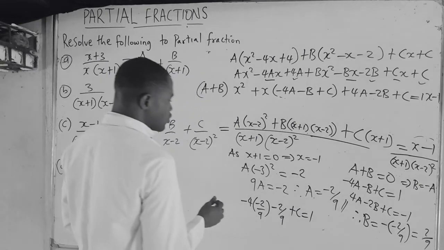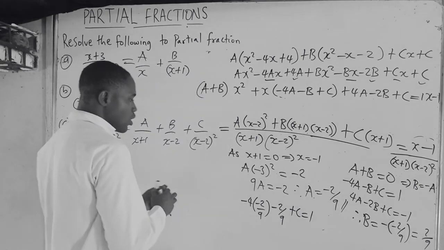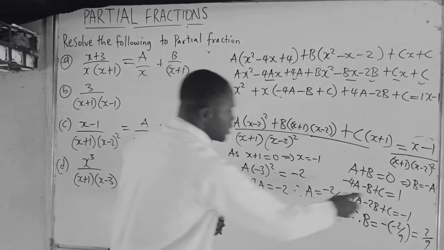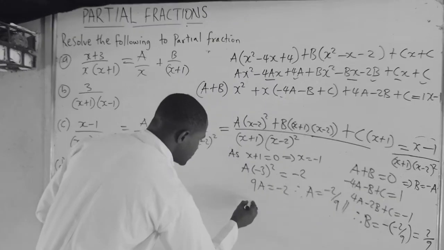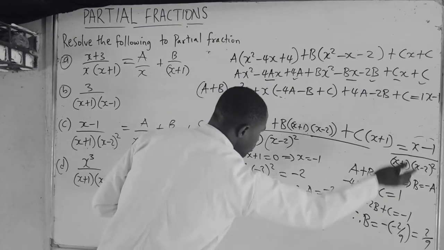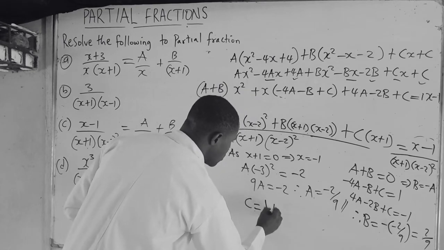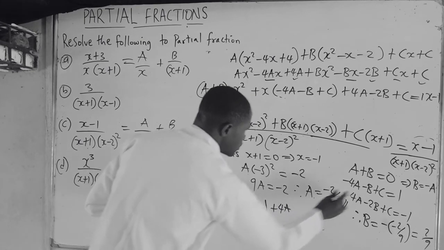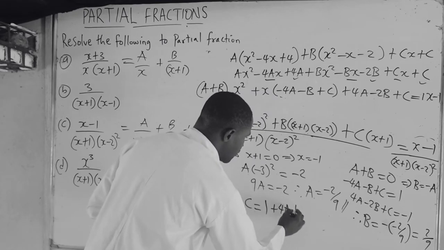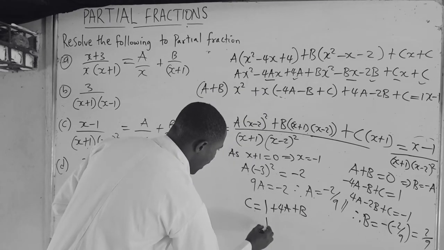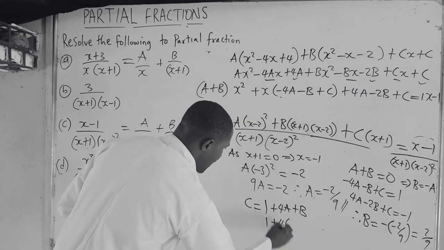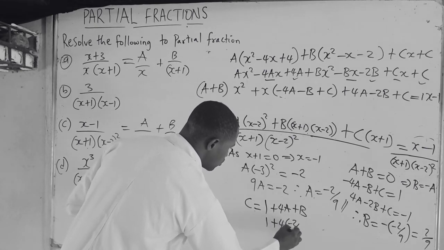Then what we now do, or let's put it in a better way, make c subject of formula. c will be equal to 4a going to the other side will be giving you plus 4a. This going to the other side will be giving you plus b. 1 plus 4 bracket, what is our a? Minus 2 over 9.